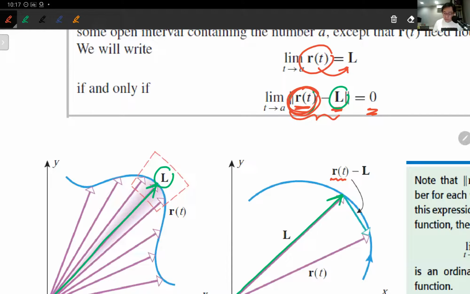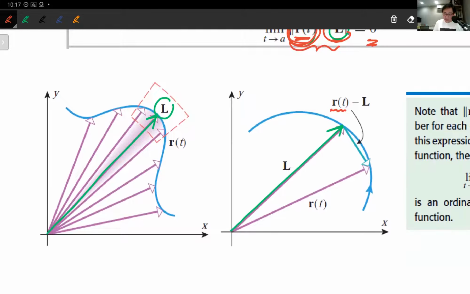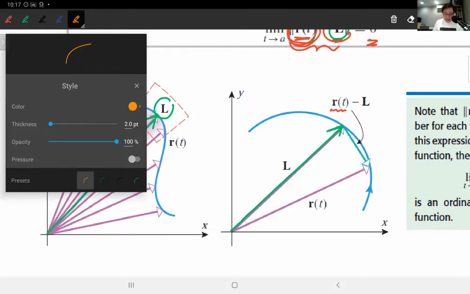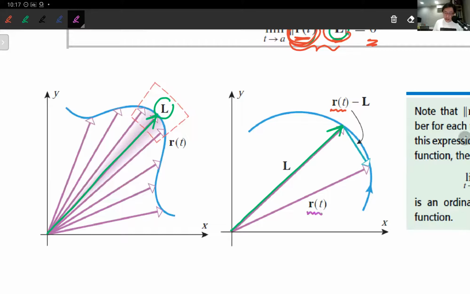The extra stuff that you are getting right now is this. This is not two numbers subtracting each other anymore. This is subtraction between two vectors. And remember, when two vectors are subtracted, what does it mean? Let me represent my r of t vector using that purple color. That's already nice. So let's say that is your r of t vector.